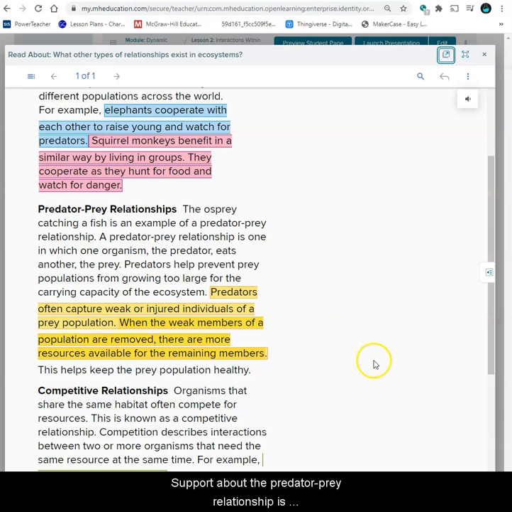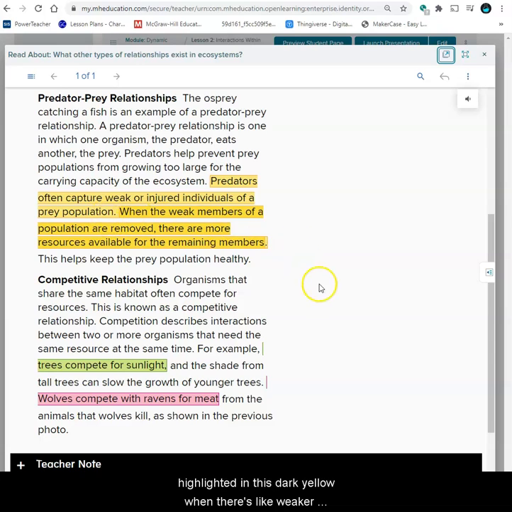What's important about the predator-prey relationship is highlighted in this darker yellow. When there are weaker members, or members that have some sort of mutation that does not give that species an advantage, those organisms are eliminated from the population. And what that does is it frees up more resources, such as food and shelter, for the stronger individuals that are more fit for that environment.